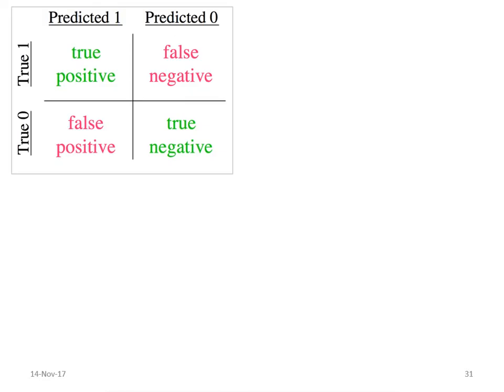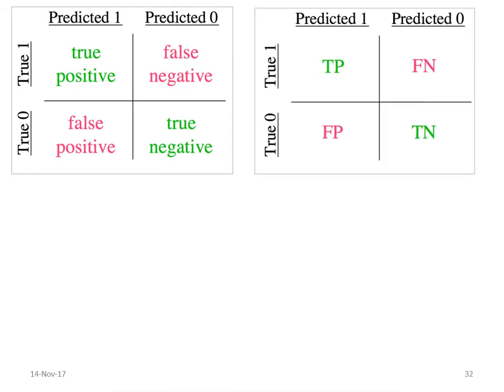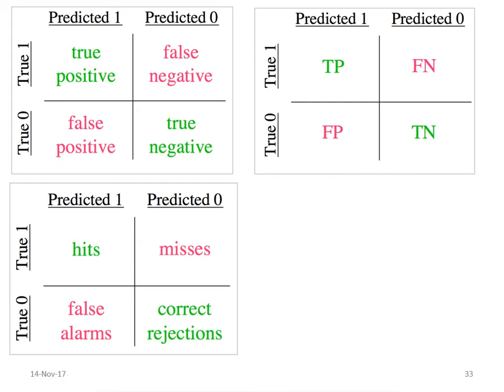And then you can build a confusion matrix table and tally the number of true positives, true negatives, false positives, and so on. There are other names for these. For example, true positives are sometimes called hits, false negatives are called misses, and false positives are called false alarms.